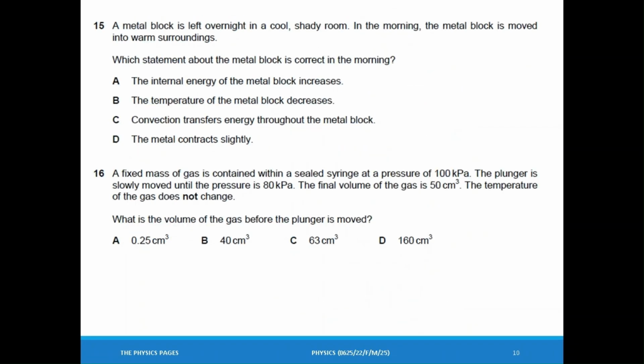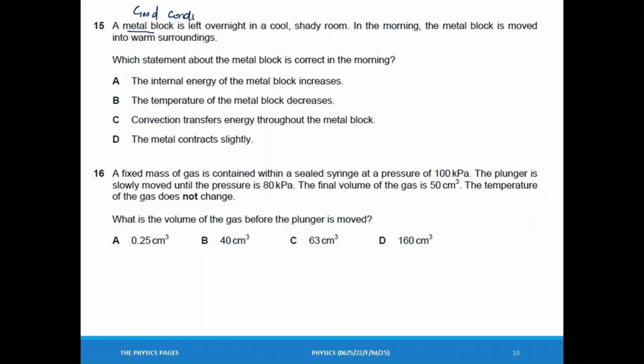Okay. Question number 15. A metal block is left overnight in a cool, shady room. In the morning, the metal block is moved into warm surroundings. As we know, metal is a good conductor. Metal is a very good conductor of heat.